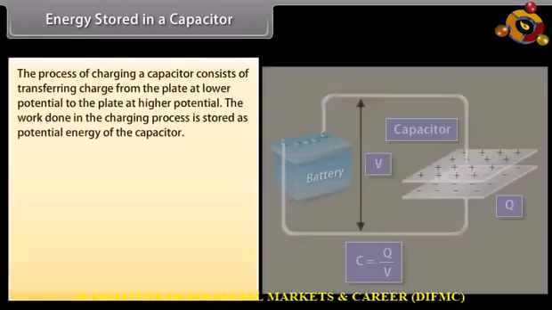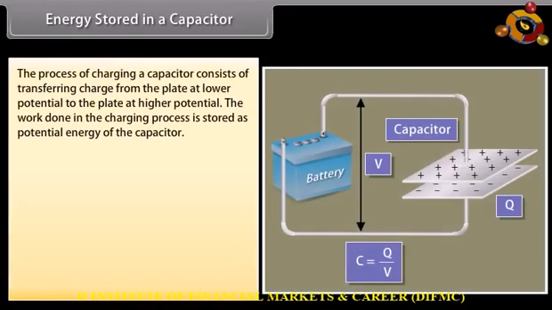Energy stored in a capacitor. The process of charging a capacitor consists of transferring charge from the plate at lower potential to the plate at higher potential. The work done in the charging process is stored as potential energy of the capacitor.